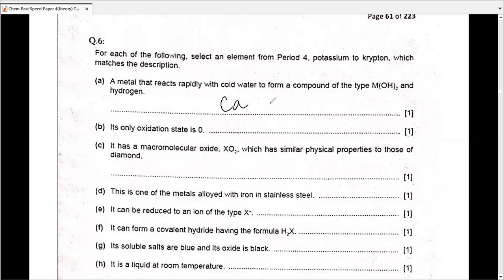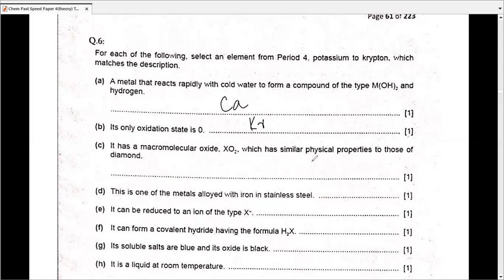Okay, moving on. Oxidation state 0. It would be krypton. Good. Kr.